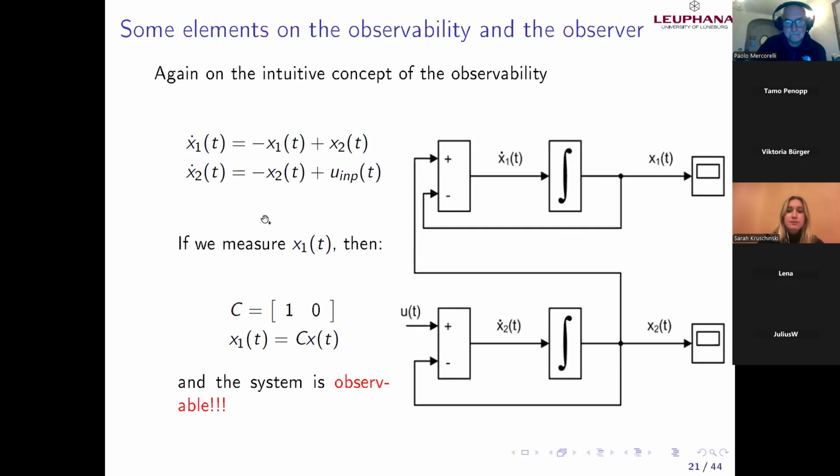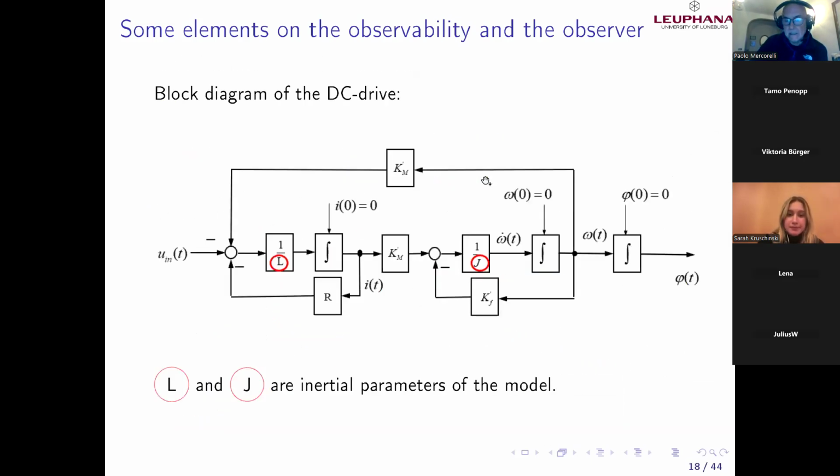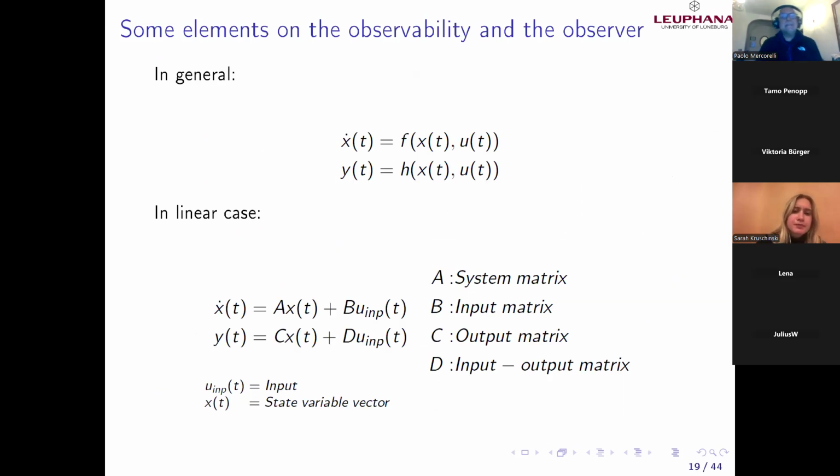Last time we concluded with this block diagram in which I tried to explain very roughly the concept of observability. But as I told you, the last slide, it was this one, in which I summarized.